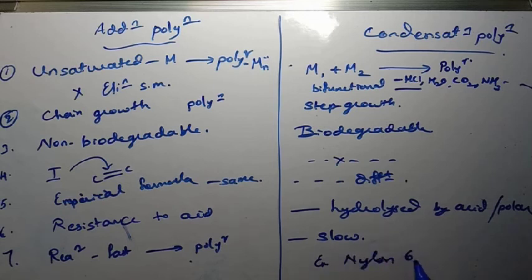Here we can give the examples, say nylon 6 or nylon 66 or Bakelite, etc. And for addition polymers there are many examples: polyethylene, polystyrene, PVC, and PMMA.